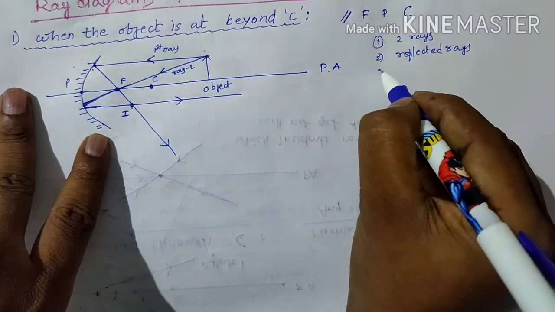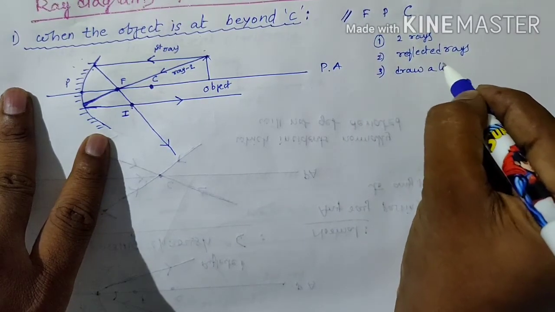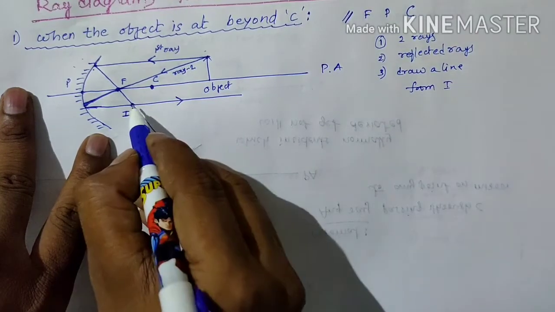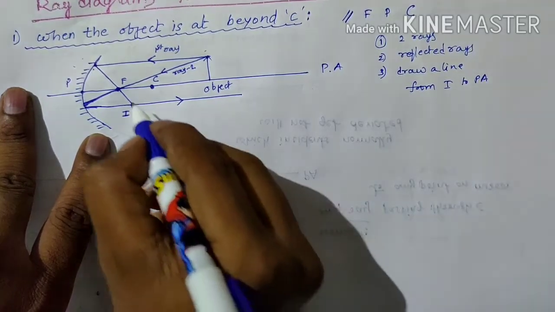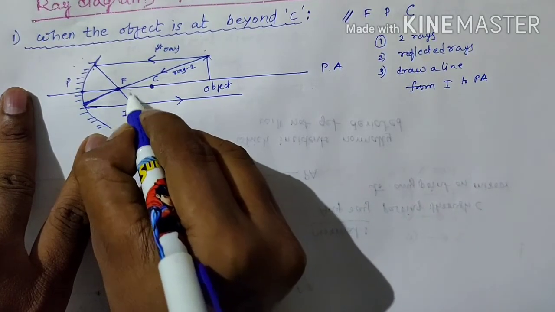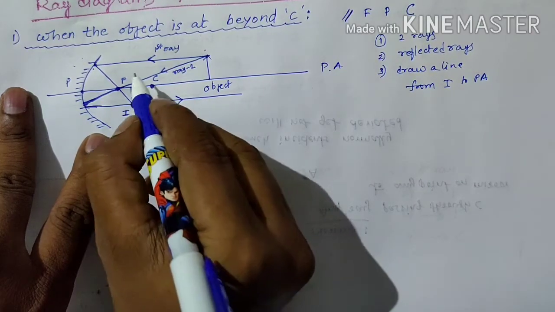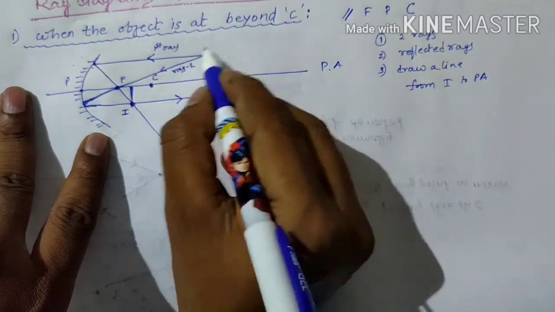So the third step, you have to draw a line from this point to the principal axis. This is the image of this object.